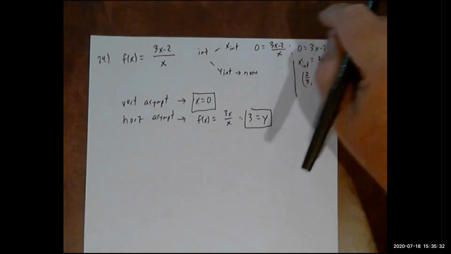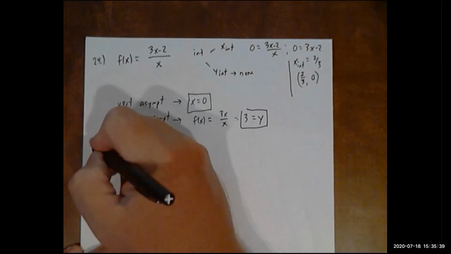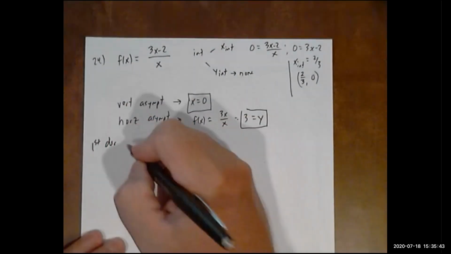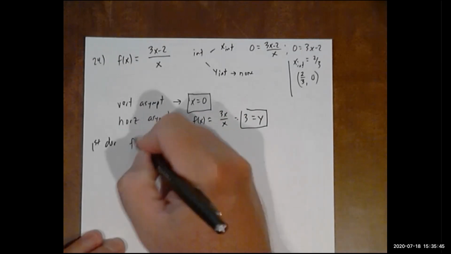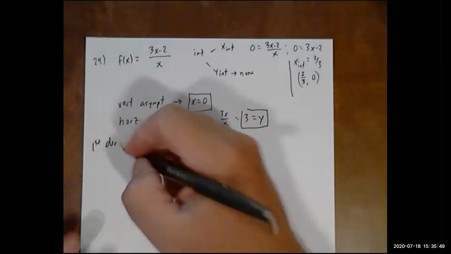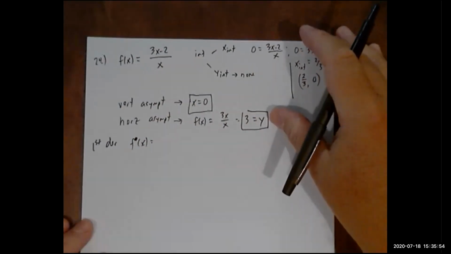Now let's start looking at the derivatives. First derivative gives us maxes and mins and increasing and decreasing. Let's simplify this. I could use quotient rule.